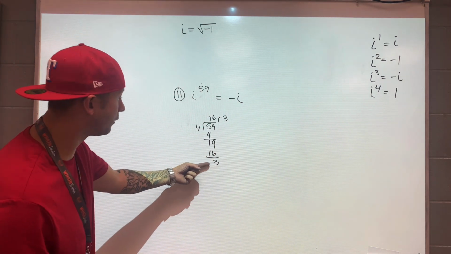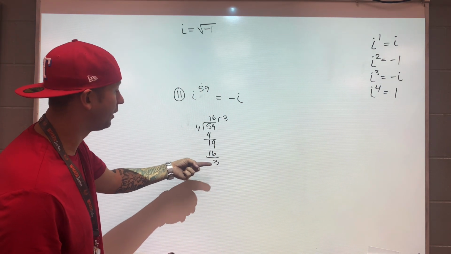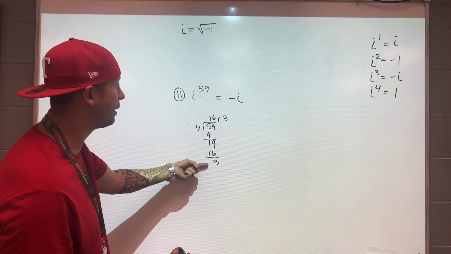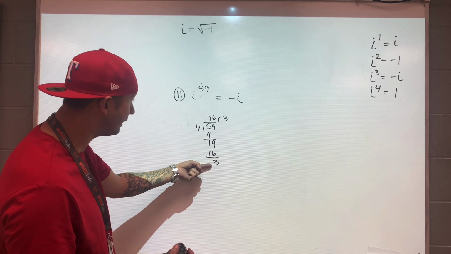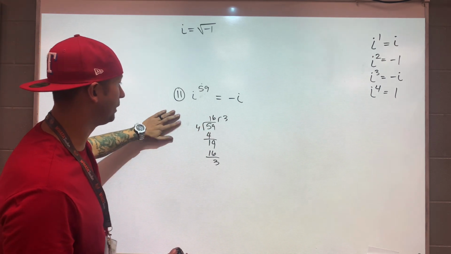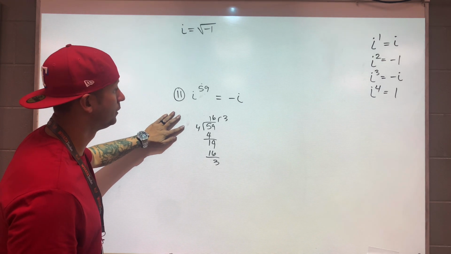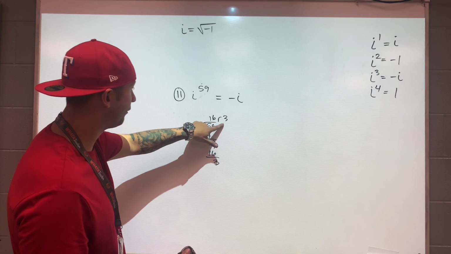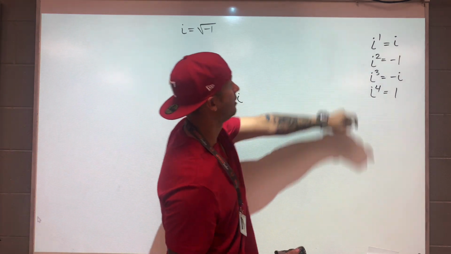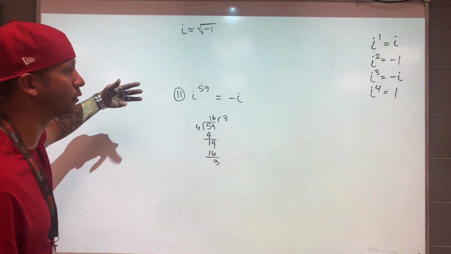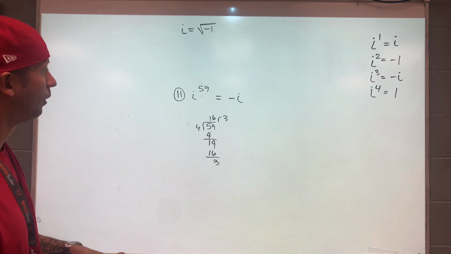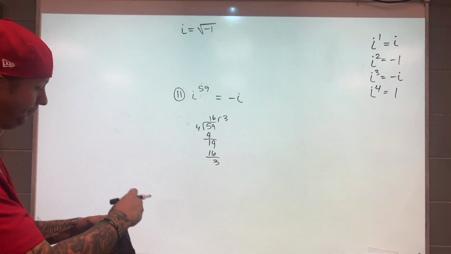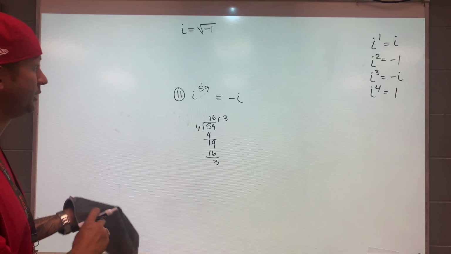And if it's a remainder of 4, well then that wouldn't make sense because 4 would go into 4 evenly, and then you would get a number up here. So I like this. If you just divide this by 4, whatever the remainder is, that's the one. You're always going to have a remainder of 1, 2, or 3, or it's going to go into it evenly. So that's the cheat code.